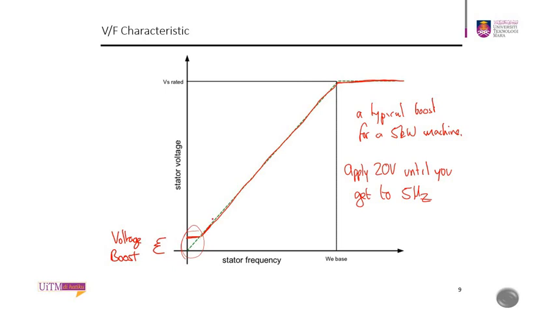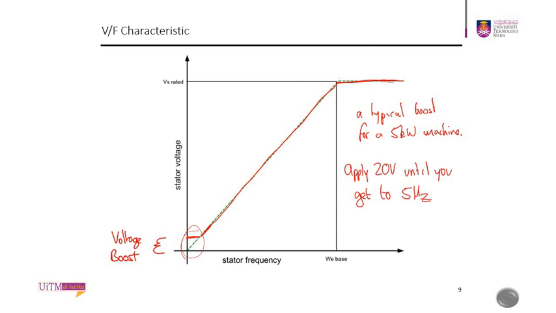You can see that as the stator frequency increases, it is linearly proportional, and when it reaches the rated voltage or the base speed, this voltage will be constant.